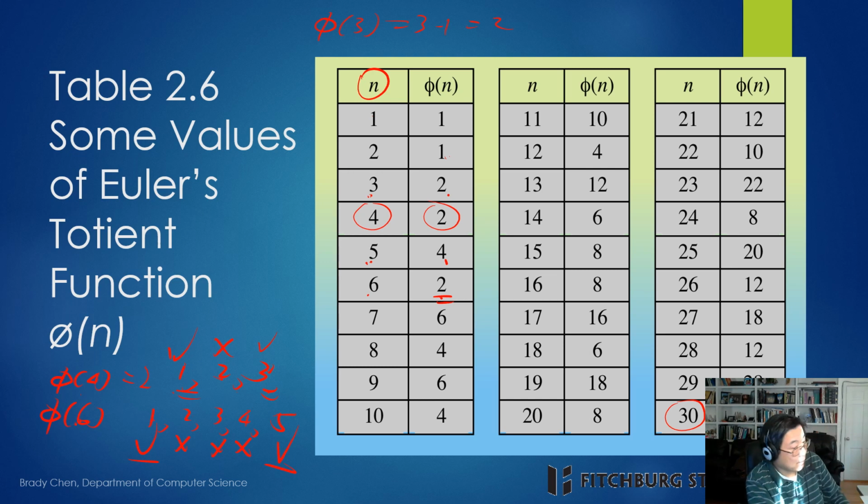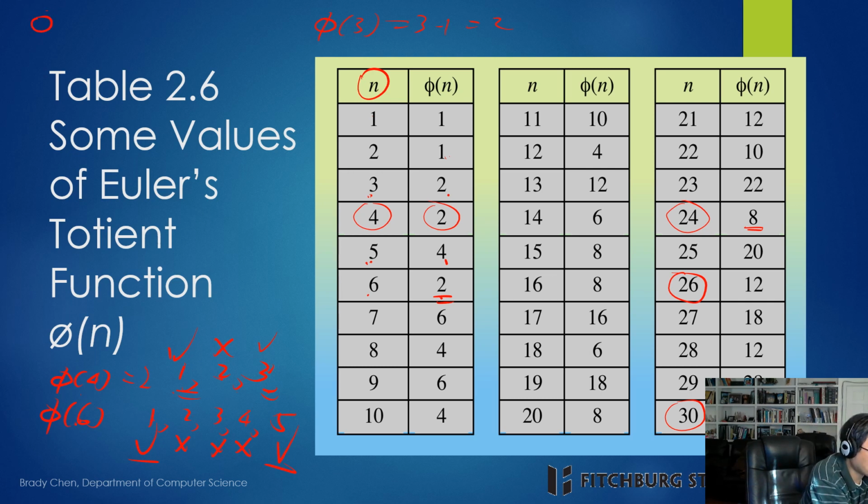Now let's pick another example, 24. If we try to calculate phi of 24 by definition, it's pretty tough, right? But it's doable. Now let's pick another example. Maybe 26 is an easy one to calculate.